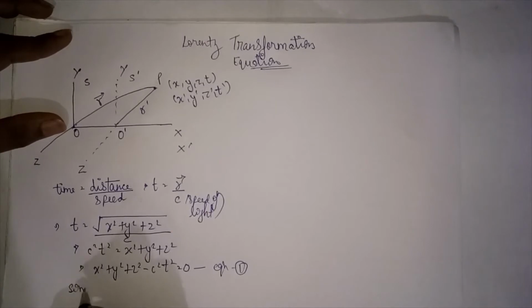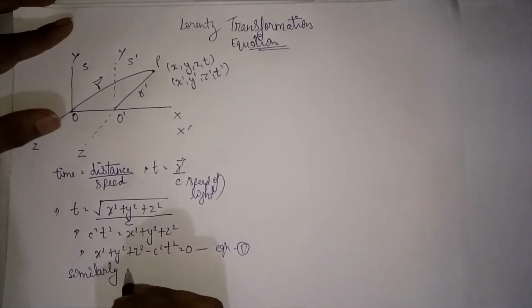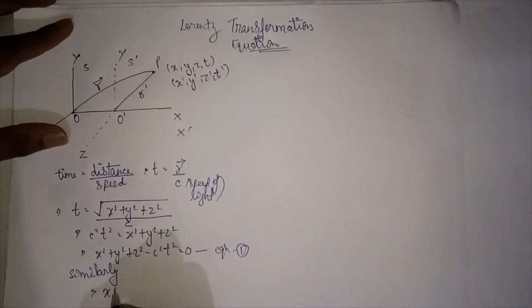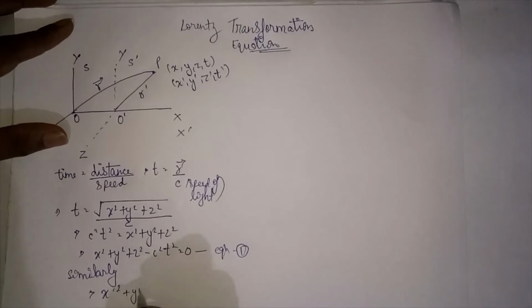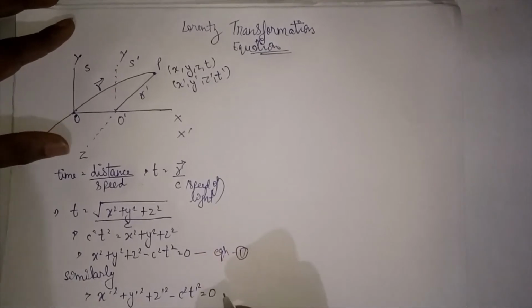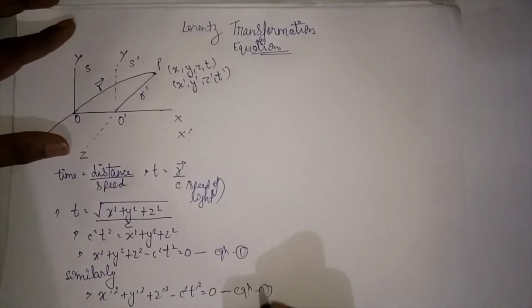Similarly, for the non-stationary frame, we have x dash square plus y dash square plus z dash square minus c square t dash square equals 0, and this is our equation number 2.